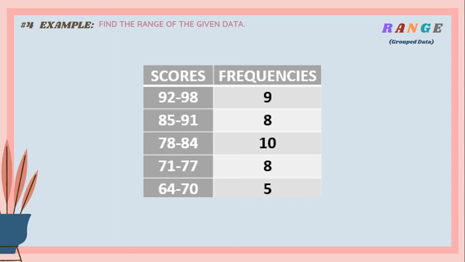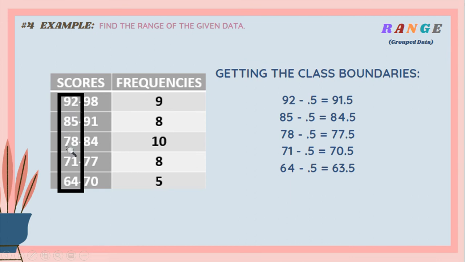So here's my fourth example. So this is the data for the fourth example. So to get the range, we need to subtract 0.5 from the lower class limits. So 92 minus 0.5 is equal to 91.5. And then 85 minus 0.5 is equal to 84.5.